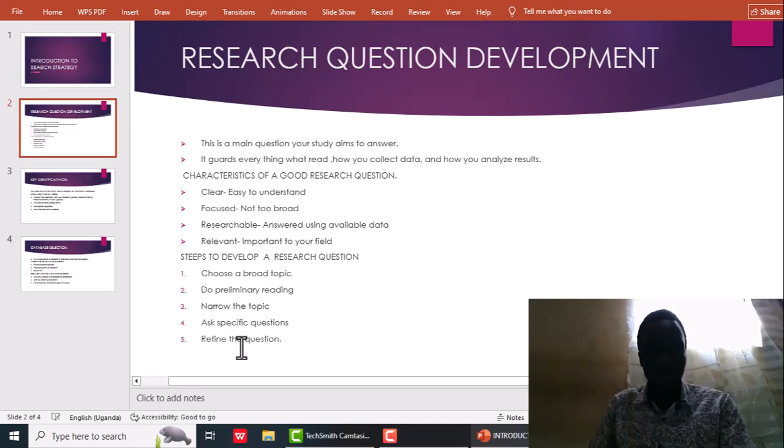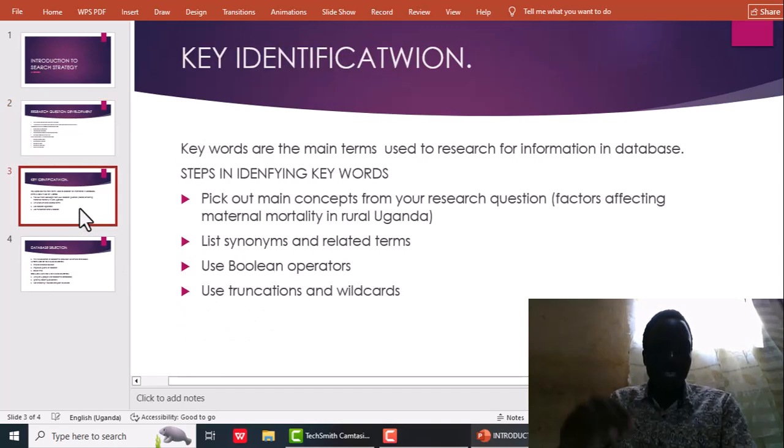Then the next slide, we're looking at the key identifications. Keywords are the main terms used to search for information in a database. What are the key steps in identifying keywords?